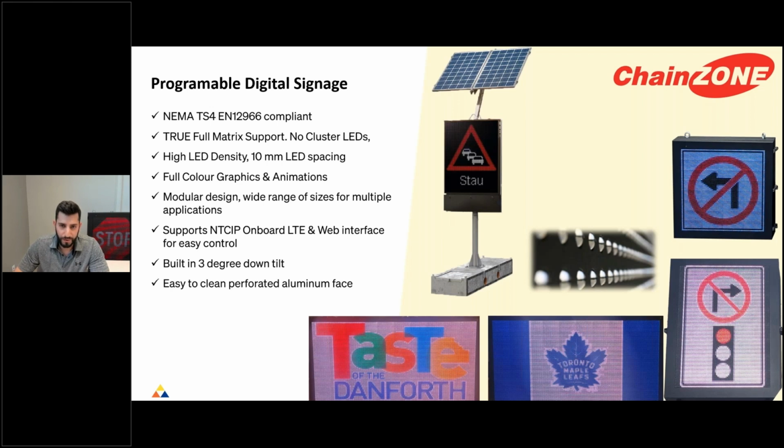And also, what's unique about these Chain Zone boards is the density of the LEDs. The LEDs are 10 millimeters spaced apart. So that means every 10 millimeters is a new LED. On a 64 by 64 centimeter board, you would have over 4,000 individual LEDs creating very clear, crisp images like the one you see behind me here.